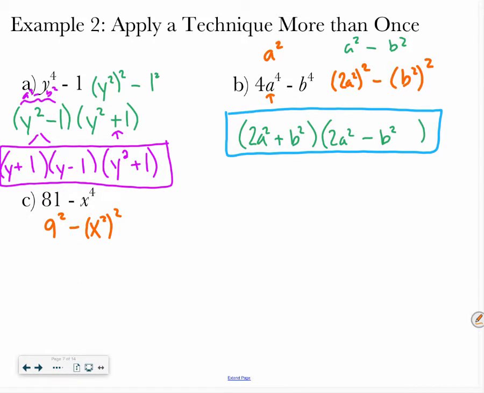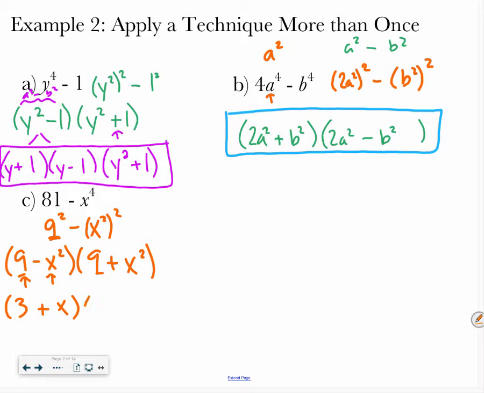So 9 squared minus x squared squared becomes 9 minus x squared times 9 plus x squared. Okay, sorry about that, because 9 is the number here, so that has to be my first term in my parentheses. Now I have another a squared, so that's where I get my 3, minus b squared.